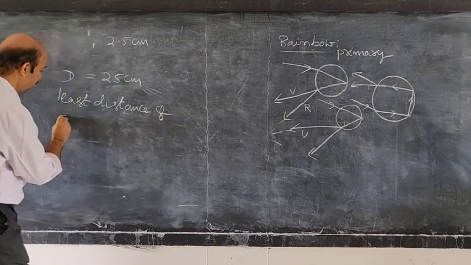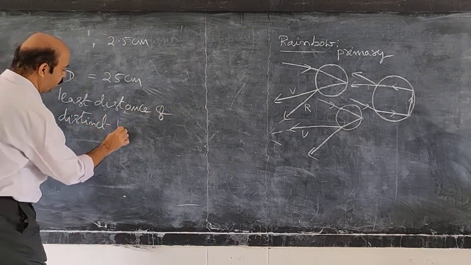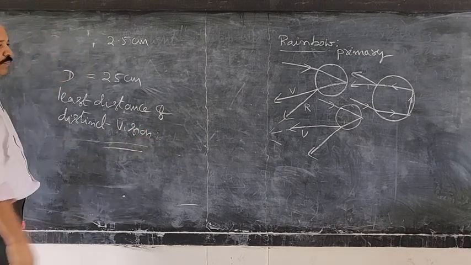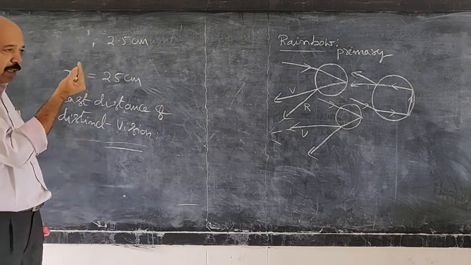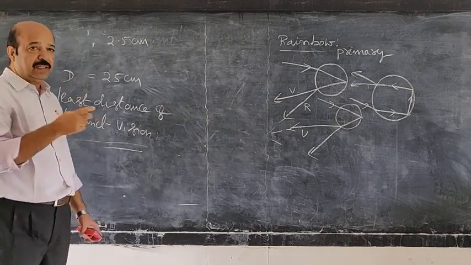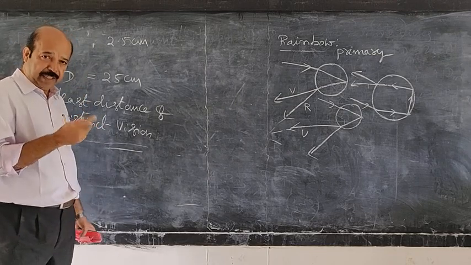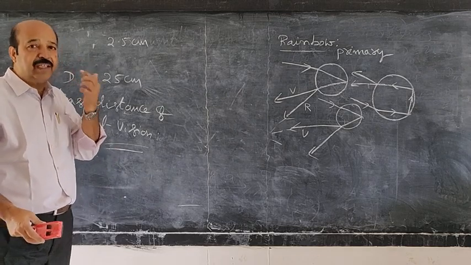If the object comes nearer than this distance, since the focal length of the eye lens cannot be adjusted by the ciliary muscles, we will feel a strain in the eye.